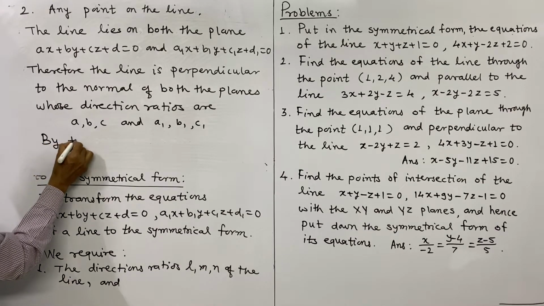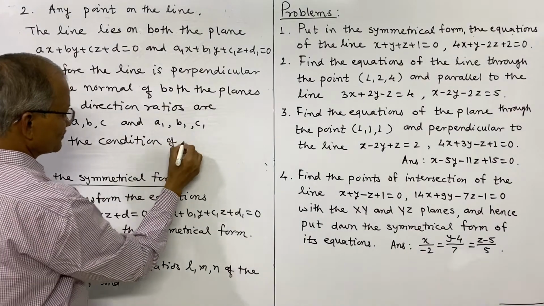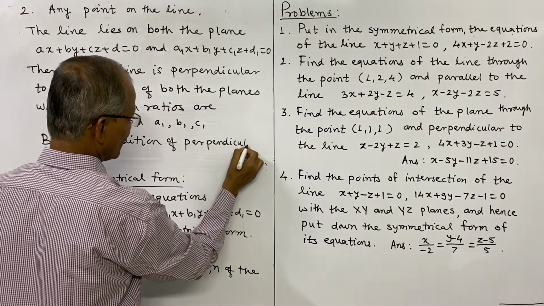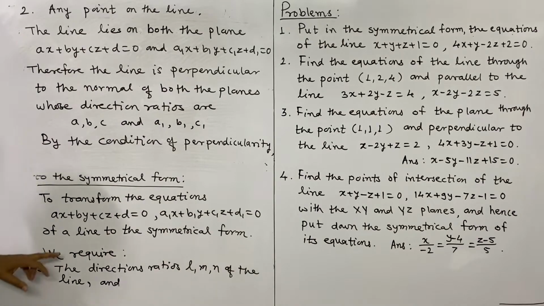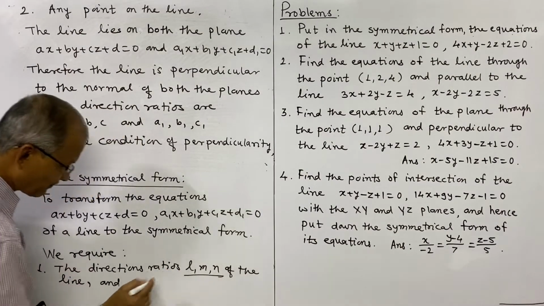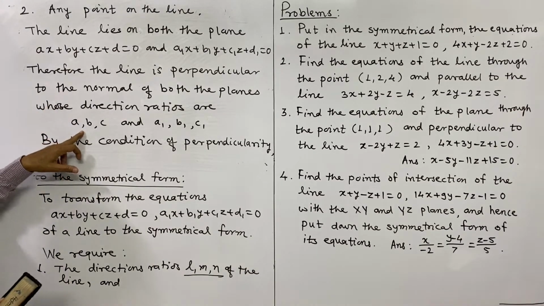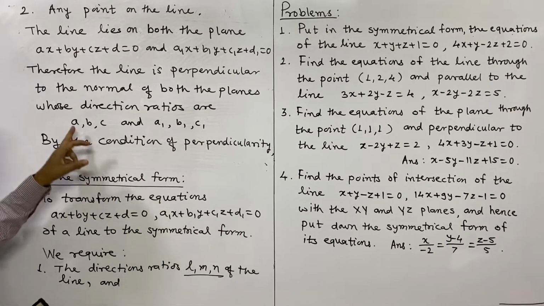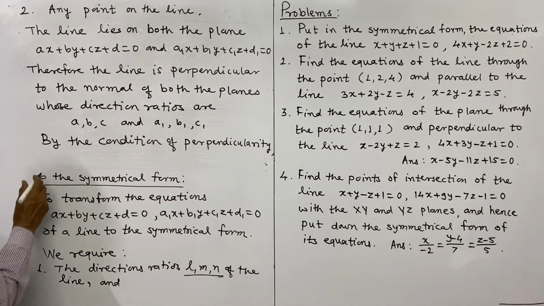By the condition of perpendicularity, what will we have? The line has direction ratios that we have assumed as L, M, N, and the first normal has direction ratios A, B, C. So these two are perpendicular lines, which means their sum of products is equal to 0.